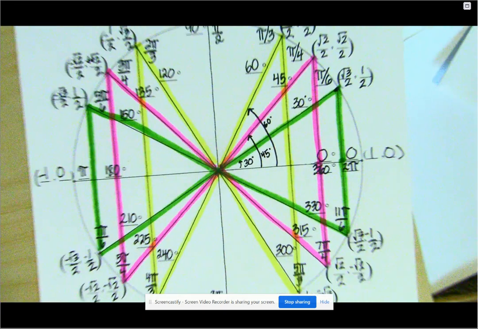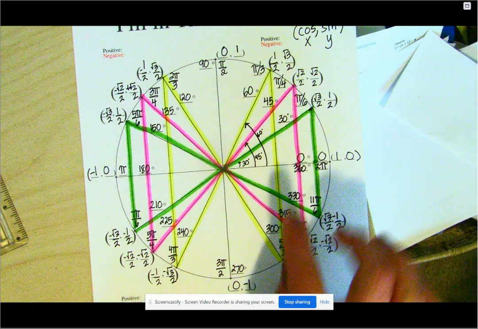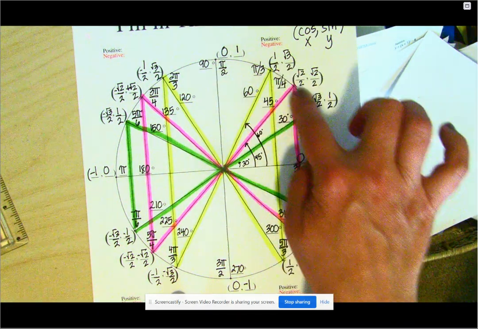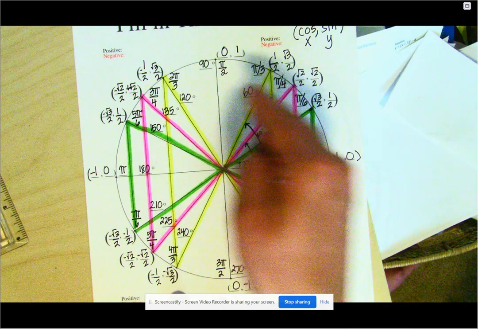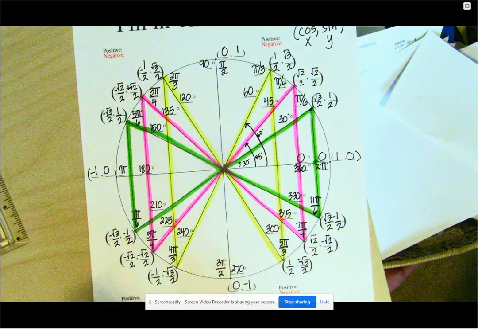As you get more and more sophisticated, hopefully you could visualize, and if you had to take an assessment without the aid of a unit circle, you could eventually replicate just this first quadrant for yourself, and through deductive reasoning, figure out the answer as long as you understand what's going on here.